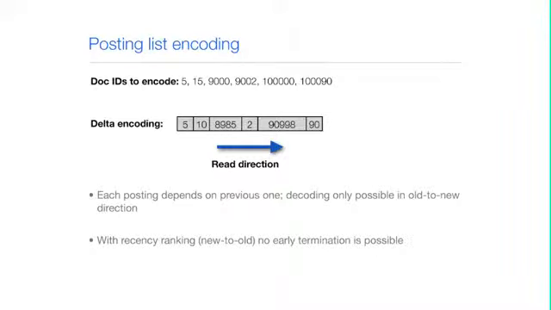The other problem is, if you think about the delta encoding, you can only read it in one direction, to the right, from old to new, because a posting always depends on the previous one. But if you think about the problem of real-time search, you append at the end, of course. You write the posting list from old to new. There's no other way to do it.